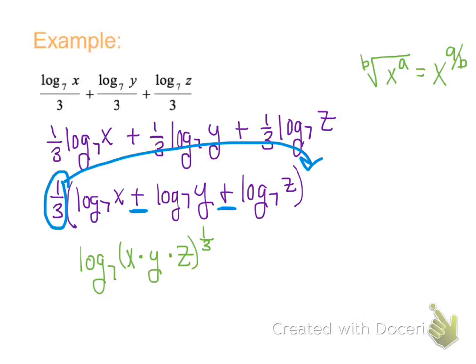So I'm going to change my fraction exponent so it's actually written as a radical. And what that's going to look like is log base 7, and then it's going to become a cube root of x, y, z. So that was a little bit more complicated. It had a little bit more algebra skills involved with the use of factoring and then remembering that exponent to radical conversion.